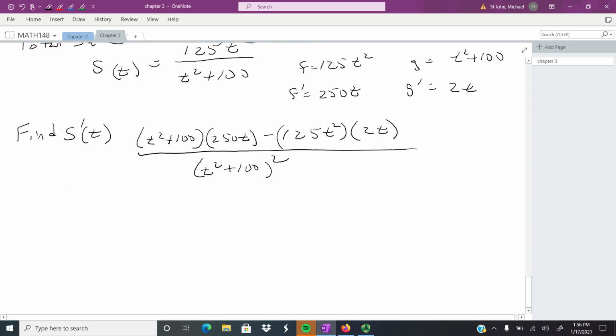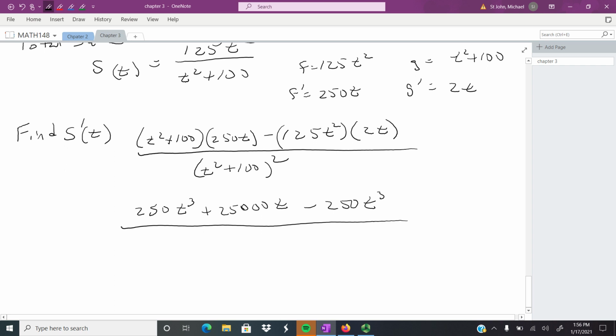Well, now this time, we're going to work some of this out. And so we're going to get 250 t cubed plus 25000 t minus 250 t cubed, all over t squared plus 100 squared.